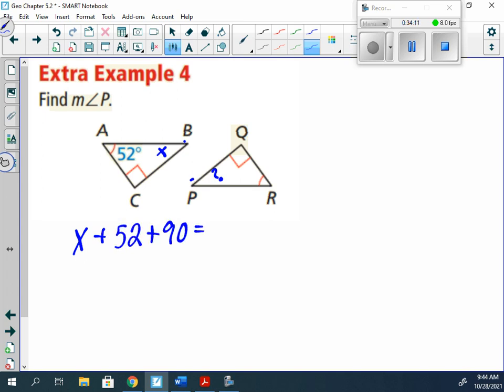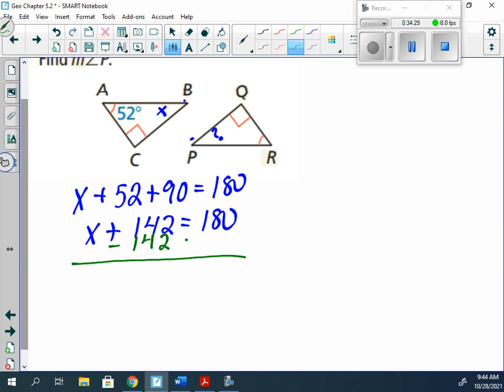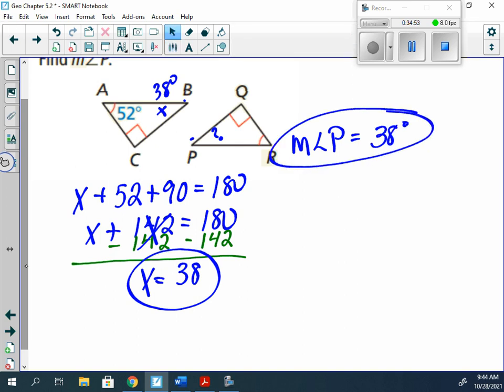Well, 52 plus 90 is 142. We can subtract 142 from both sides, because these will cancel, telling us X is equal to the measure of angle B, which means the measure of angle P is the same because those angles match up together.